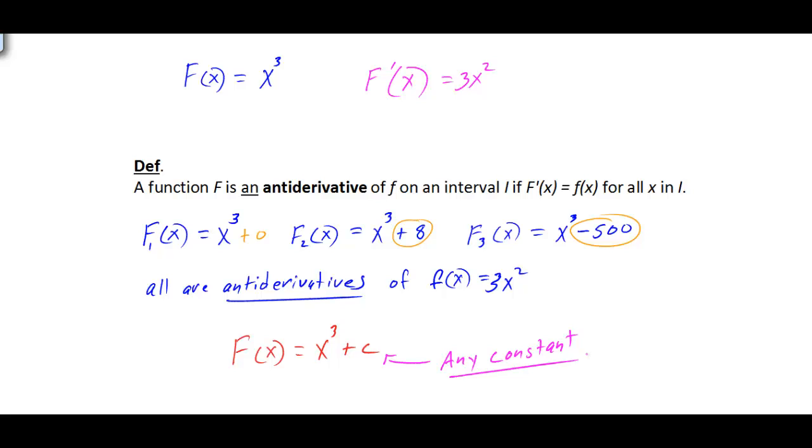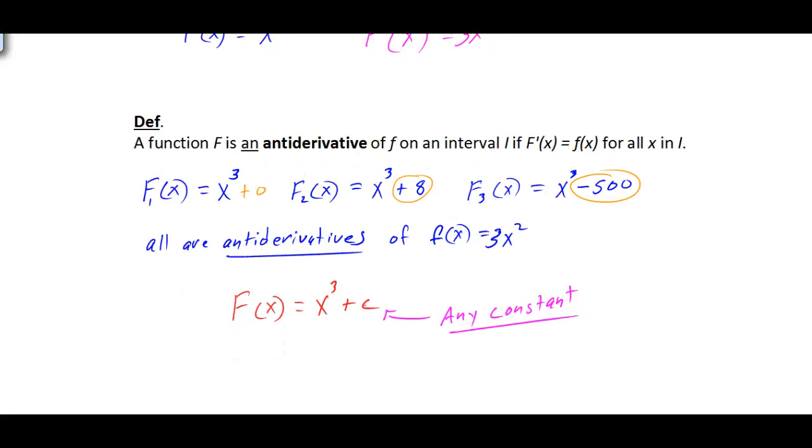That would take care of any value that we would either add or subtract to this function, and the reason this is any constant is because the derivative is 0. So all of these, and there's infinite more possibilities. The way that we would write our antiderivative, the notation would be F of x equals x cubed plus C. It's important to include the plus C because that tells us that there could be some constant added on.